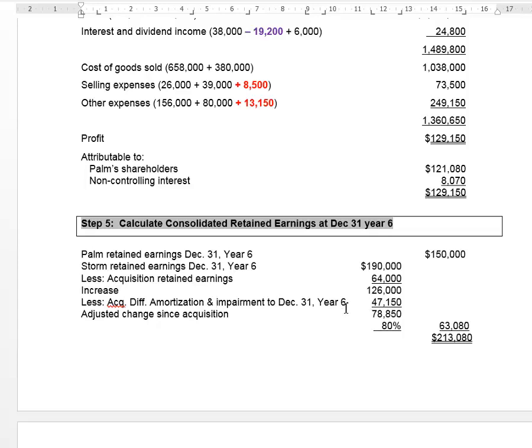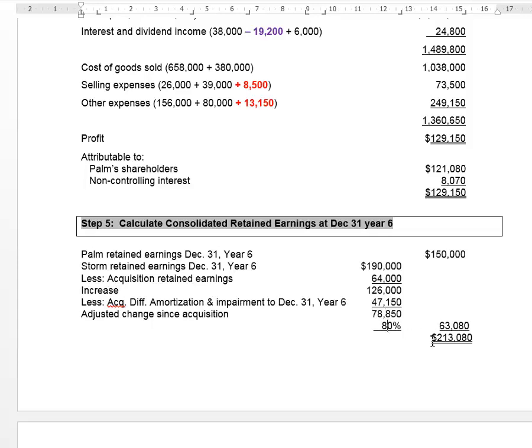This year, all we're doing is catching it up to the end of year 6 because we want to calculate retained earnings to the end of year 6. So if we have this number now, the amount that we would have now, and our post-acquisition adjusted retained earnings, right, is $78,850.